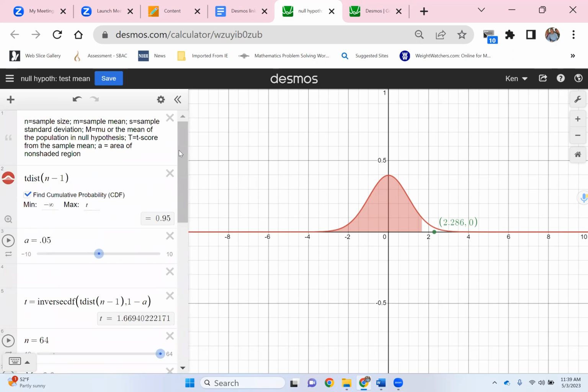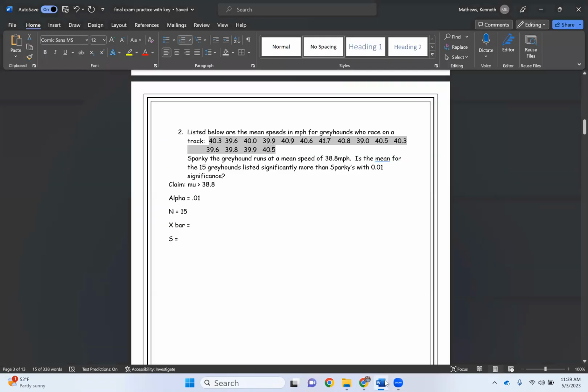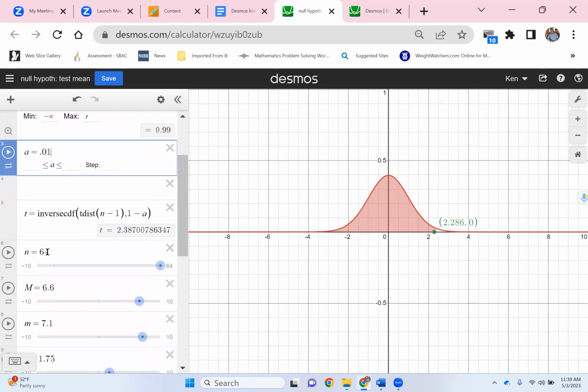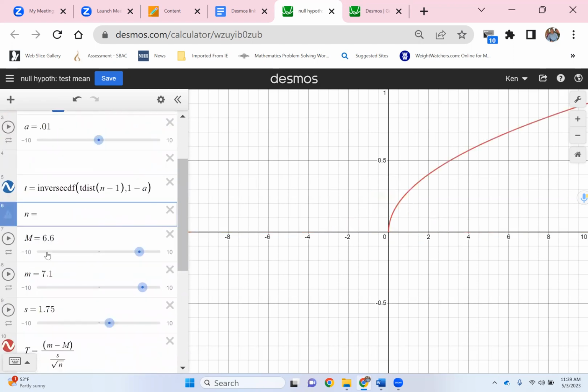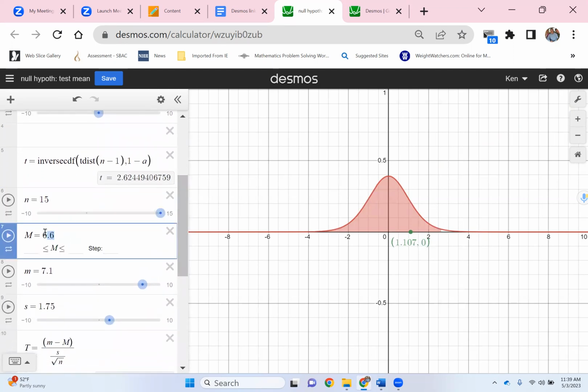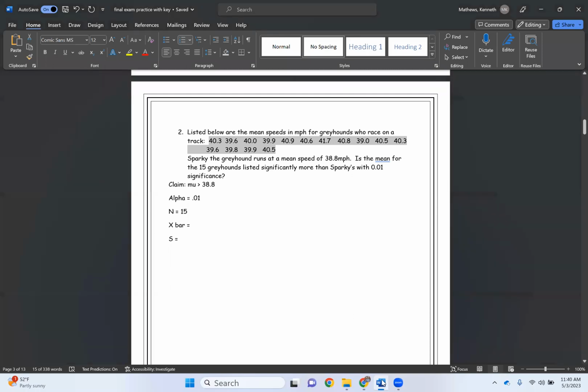So our alpha, let's make sure alpha's 0.05. I don't remember anymore. Alpha's 0.01. And it was 15 greyhounds we tested. And the mean of the claim, the population, is mu, 38.8.